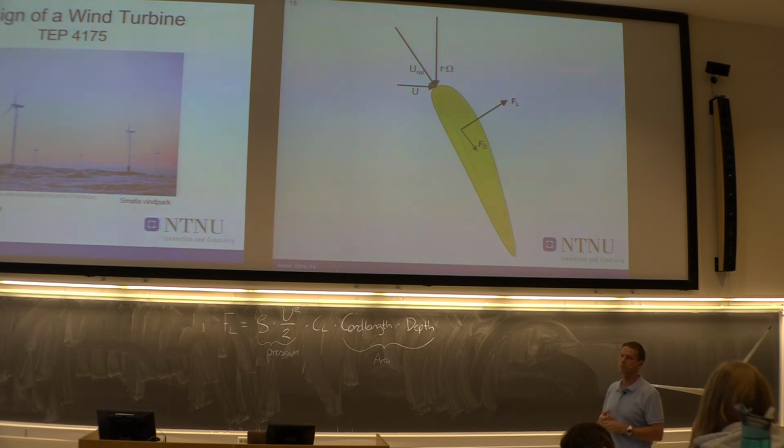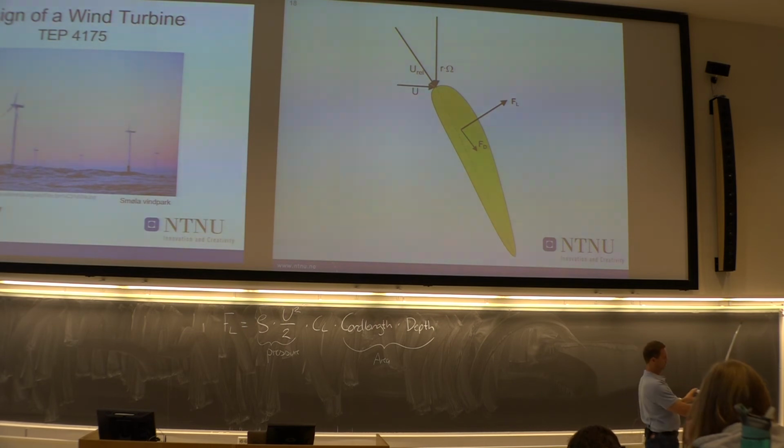And both of them have a component in that direction, trying to push the whole turbine backwards. We call that the thrust force. So we have one force trying to push it backwards, and one force making the turbine go around.